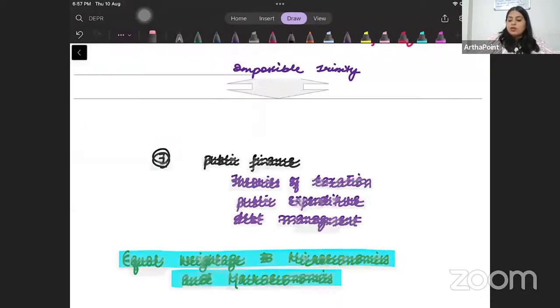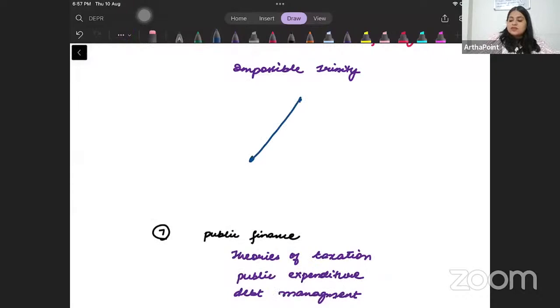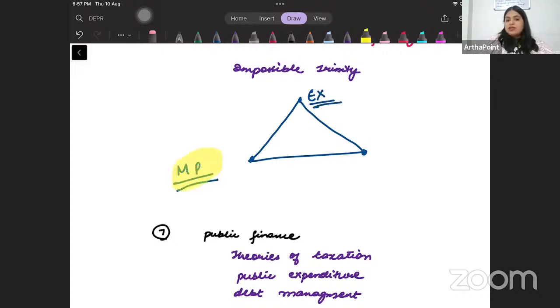You have to tell me what this is. There are three things which cannot be achieved together. One is MP, one is EX. MP is freely following your choice of monetary policy. EX is about the exchange rate. You have to tell me what is the third one.